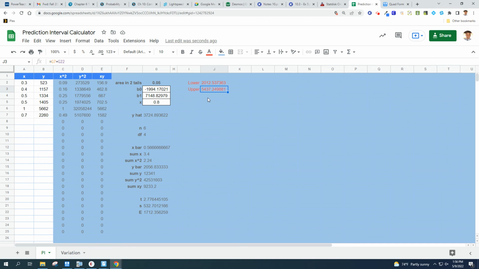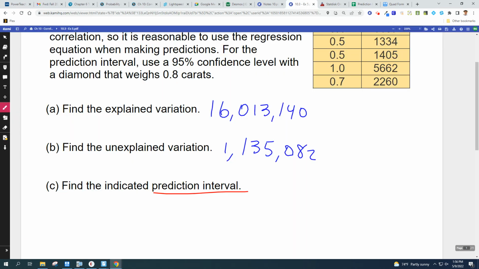Make sure you round off to whatever MyMathLab tells you to round off to. But in this case, we're going to round off to the nearest integer. Looks something like that. That's our prediction interval. It's got to be in between 2013 and 5437.